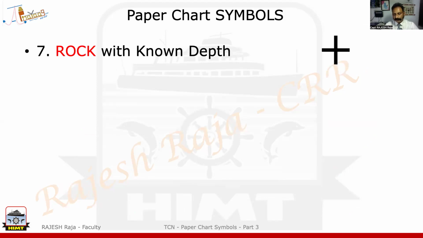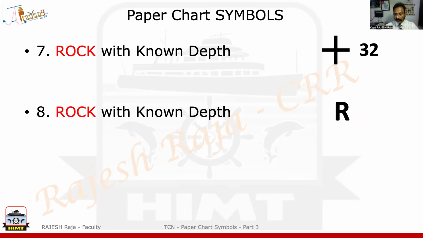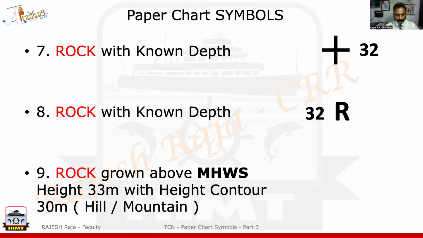Rock with a known depth, same plus, and this time I can give you a depth of let us say 32 meters. So it can be one more symbol also, R32 also you can have. Both mean the same thing. The rock which has grown above the MHWS, let us say that is a hill or a mountain, whatever it is. And this particular spot, he is showing you 33 meters as the peak of that particular hill.